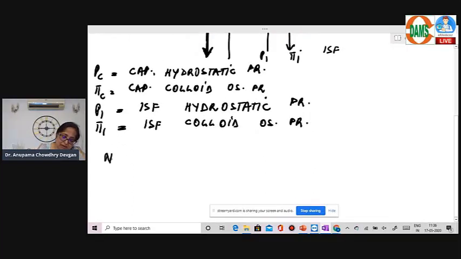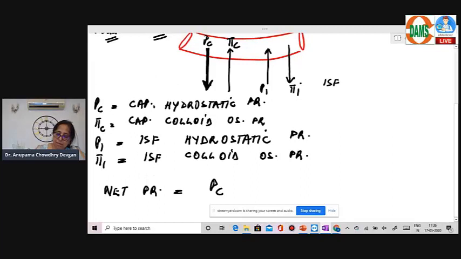So what is going to be the net pressure? If PC is positive, pi C is opposing PC, so it becomes negative: PC minus pi C. Minus Pi. Why is Pi minus?